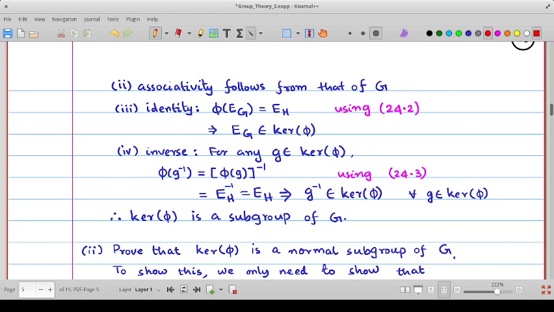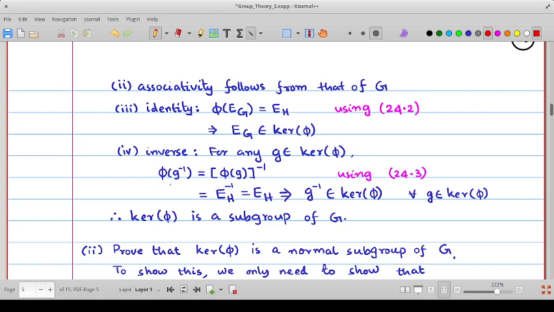But that is equal to, since phi of G is equal to EH, because G is now an element of the kernel of phi, and therefore phi of G should be equal to EH, and therefore this should be equal to EH inverse. But the inverse of EH is EH.